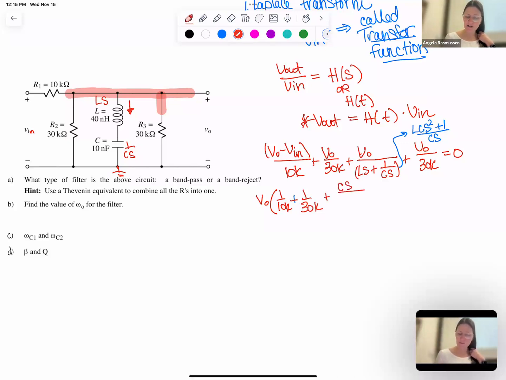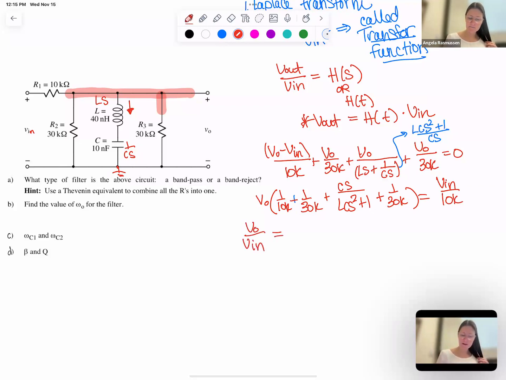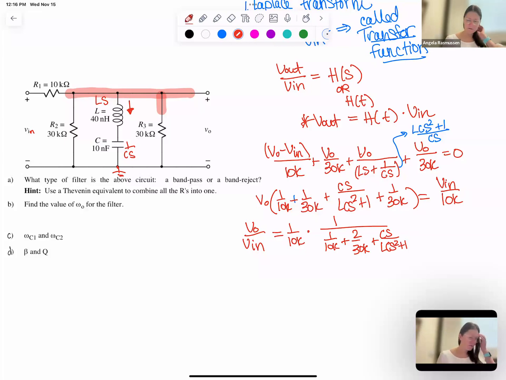So this bottom becomes LCS squared plus 1. Then I bring the VN over to the other side and divide by all of this to get VO over VN. So this becomes 1 over 10K times 1 over... I'm just going to combine the 30Ks together. And that's my expression for V out over VN.